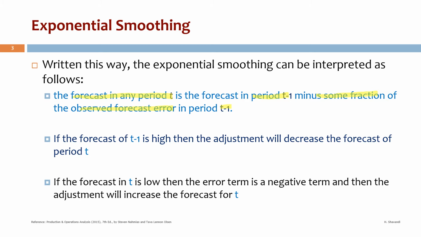Or if it's too low, then the error term will be a negative number, and then by having the minus alpha times Et minus 1, it will be positive at the end. So we are going to increase the previous forecast to be adjusted for the current or the next period's forecast.